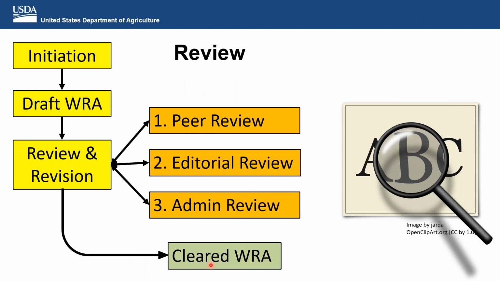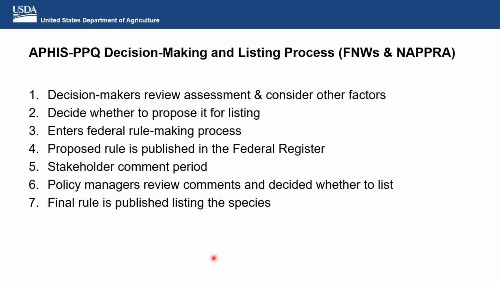All right, so once we complete a draft assessment, it then goes through a review and revision process. First it goes through peer review by others in our lab. It's then revised. It then goes through editorial review, revision, and then administrative review. It's revised again until finally it's cleared and then made publicly available to everyone.